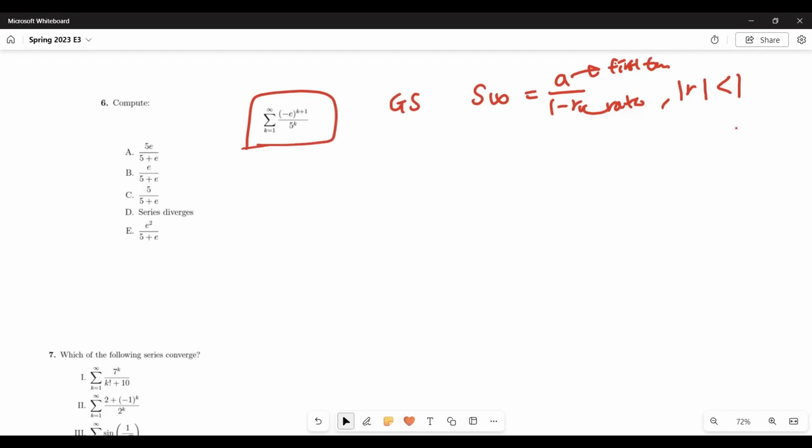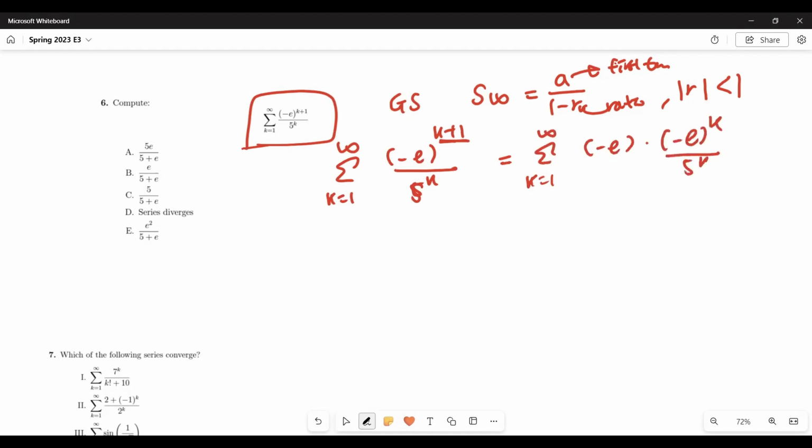Okay, let's write it into that format, in terms of the ratios, because we have k plus 1 in the power. So the sum from k equals 1 to infinity of negative e to the k plus 1 over 5 to the k. Since we have k plus 1 in the power, we can write this as the sum of negative e times negative e to the k over 5 to the k. Take the negative e outside, and then this is going to be negative e to the k over 5 to the k.